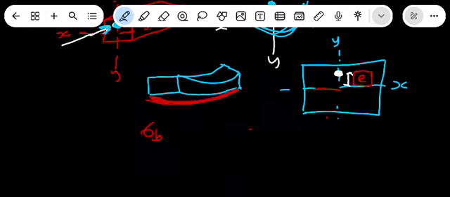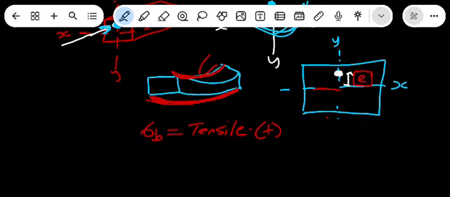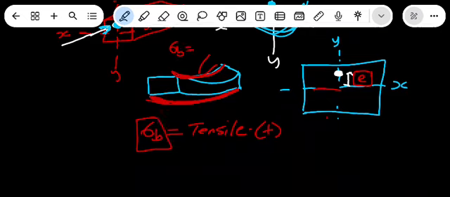Our bending moment there will be tensile, whereby tensile is positive. Here where you experience the bend, where it's curved, on the top, this part is our bending stress. The bending stress here will be compressive.